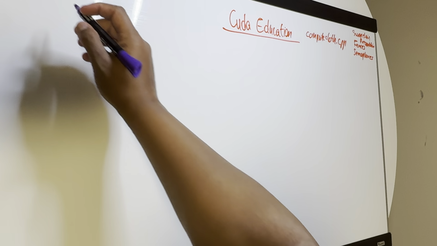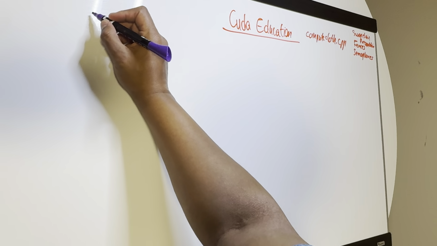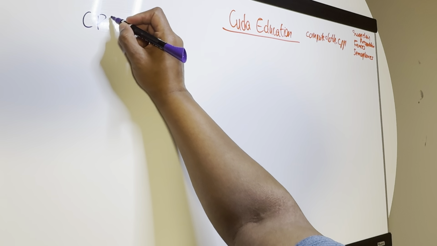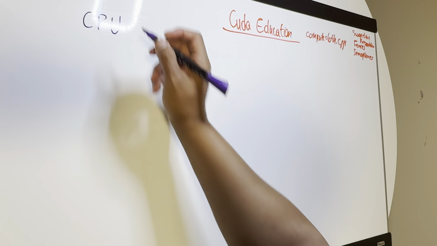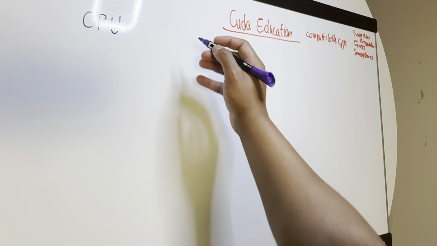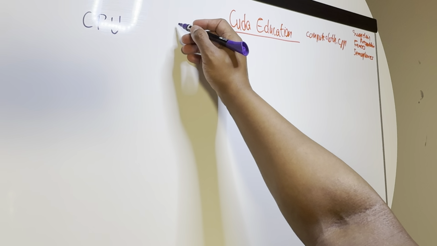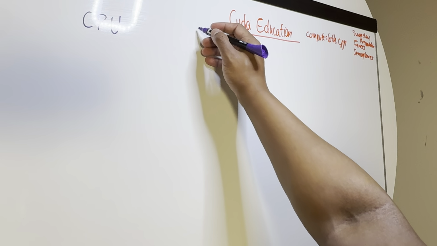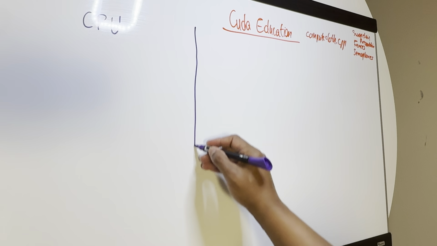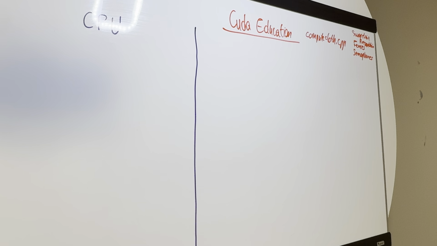On one side we have the CPU, and we have a harsh, strong division between the CPU and what we call the GPU.